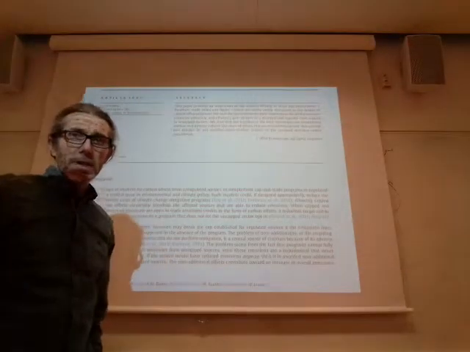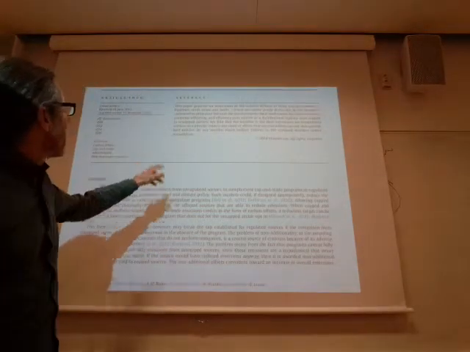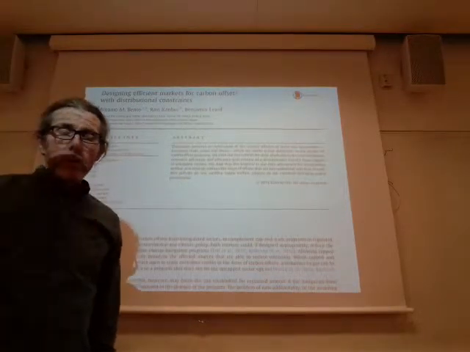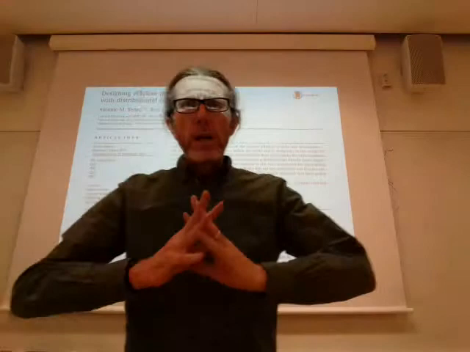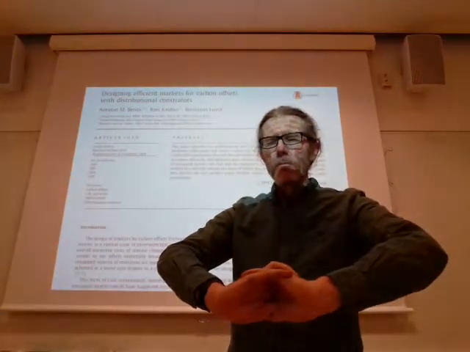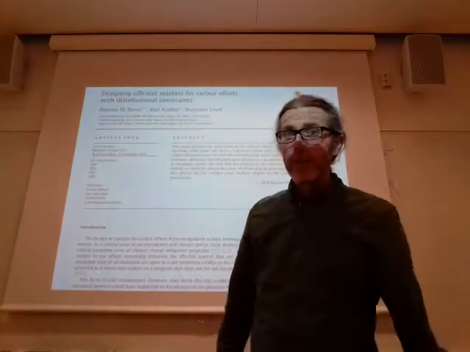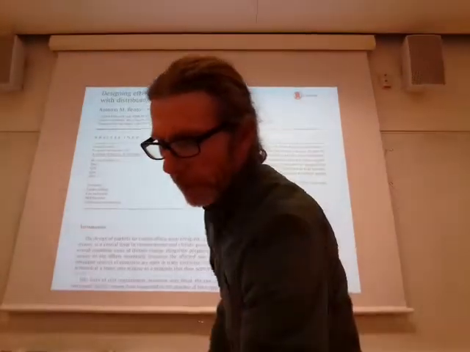Finally, for this evening, I'm going to say a few words on this paper, Bento, Kambur, and Laird, on carbon offsets. So this is related to the clean development mechanism in a way.